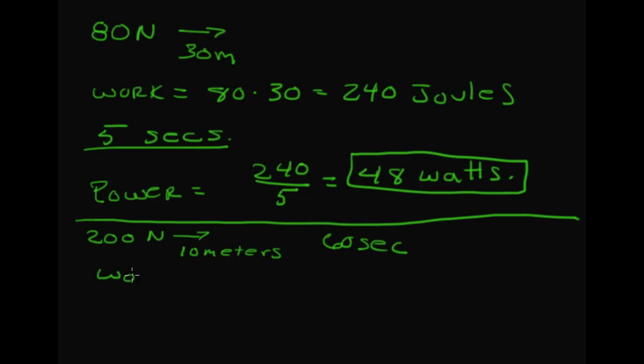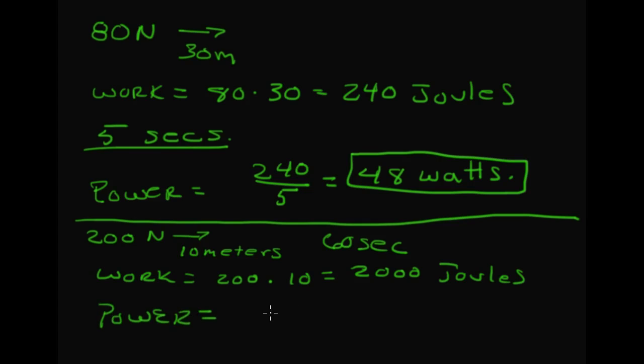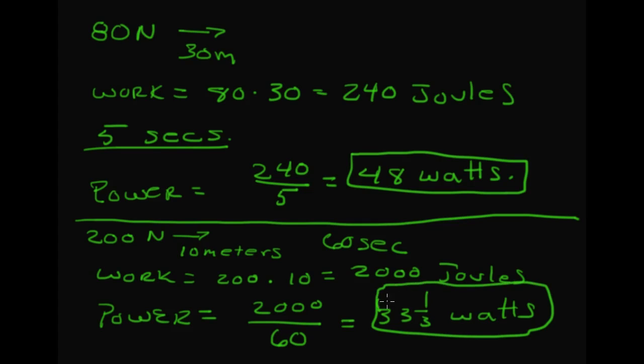So the work being done is 200 newtons times 10 meters, so they did 2,000 joules of work. But how much power was being exerted in this exercise? Well, it's that 2,000 joules, but it took them 60 seconds, a whole minute to do that, which works out to be 33 and 1/3 watts, which is slightly less than what the other person did.